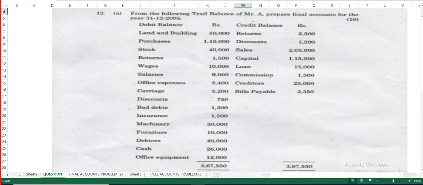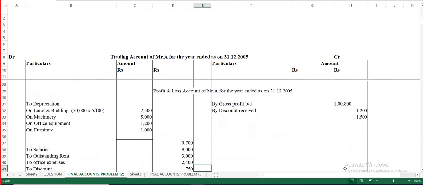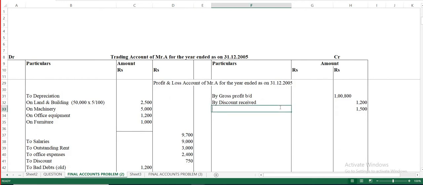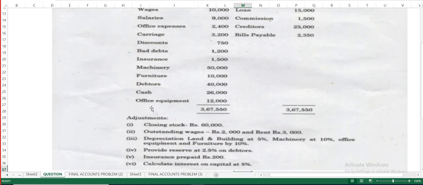So commission is 1,500, known as commission received. So on the credit side we have entered. Just look out whether anything has been skipped by us, and we can enter that.